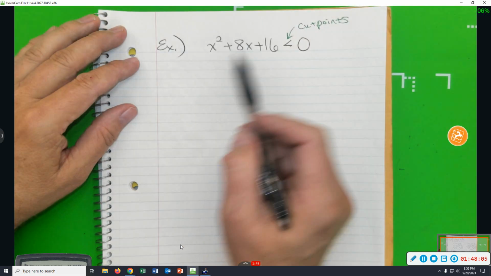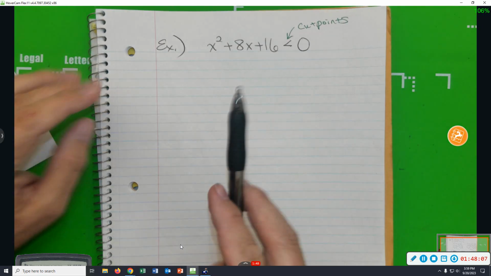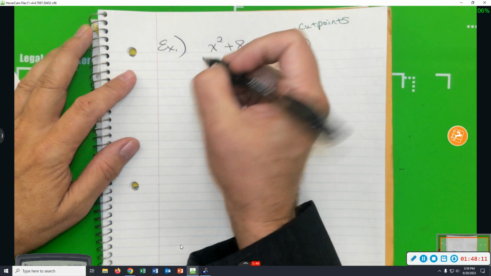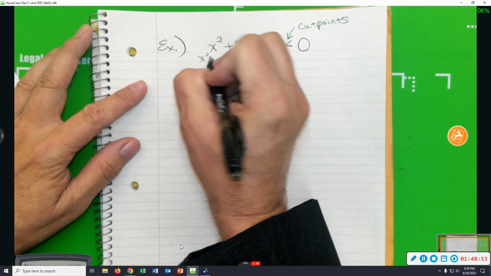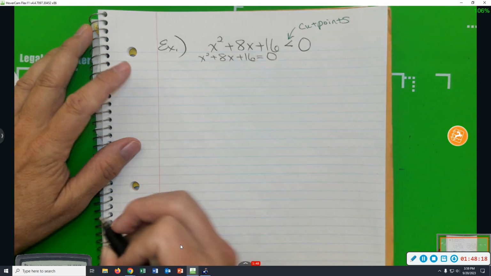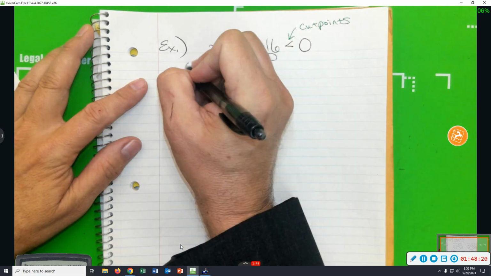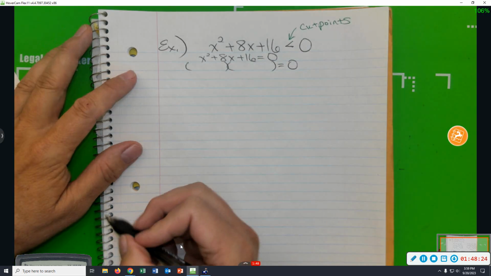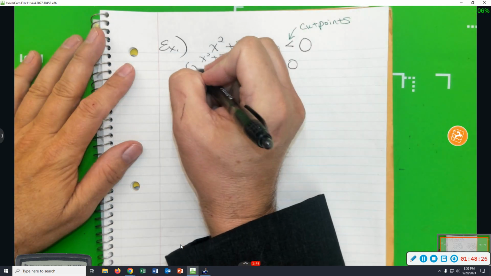By the way, I didn't put absolute values. I just want a plain problem like number 1. So we set it equal, and then we'll draw our sets of parentheses. We're going to factor it because it's quadratic. X squared is just x times x.